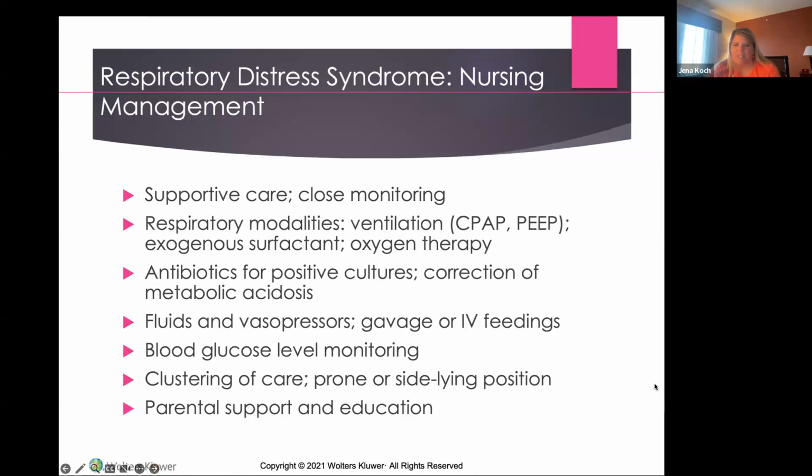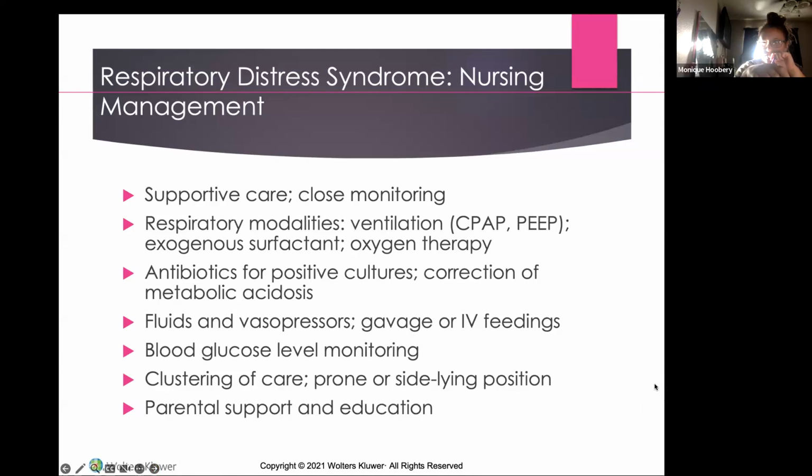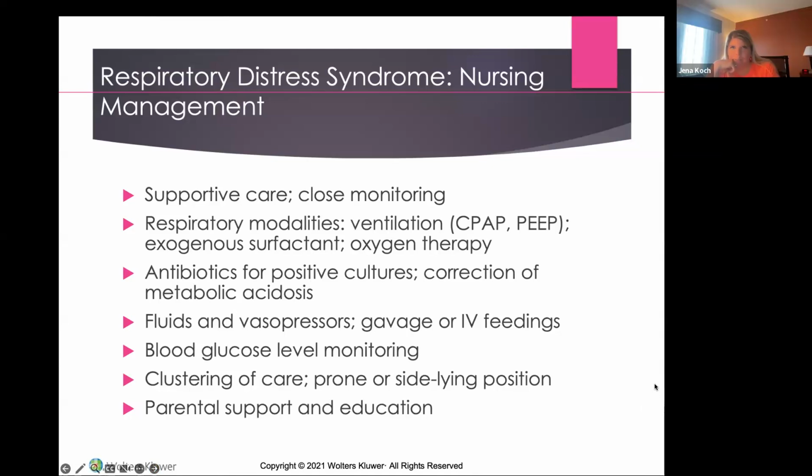A GBS positive baby. Okay, but not all babies of untreated GBS positive mothers have RDS. But yes, they would maybe need antibiotics prophylactically, right?